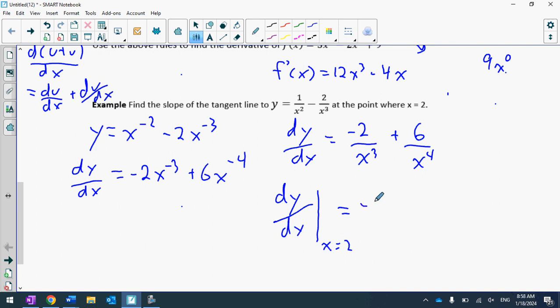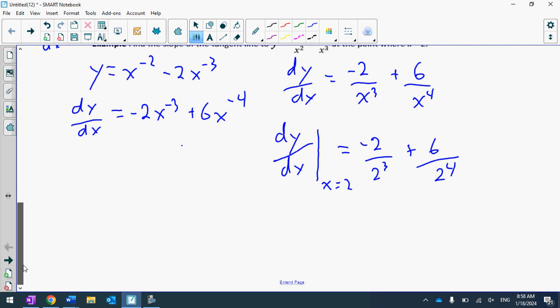And I get negative 2 over 2 cubed plus 6 over 2 to the power of 4. Then it's just a matter of figuring out what that is. That's negative 2 over 8, which would be negative a quarter, plus 6 over 16. That's negative 4 sixteenths plus 6 sixteenths, which is 2 sixteenths, or 1/8.